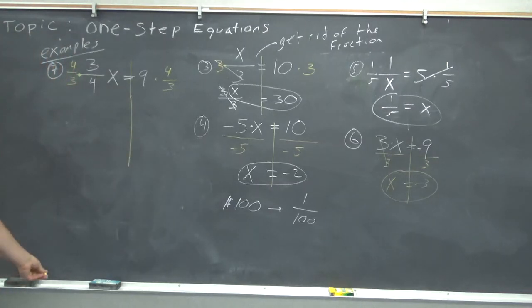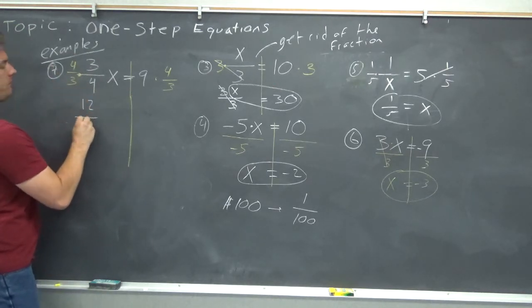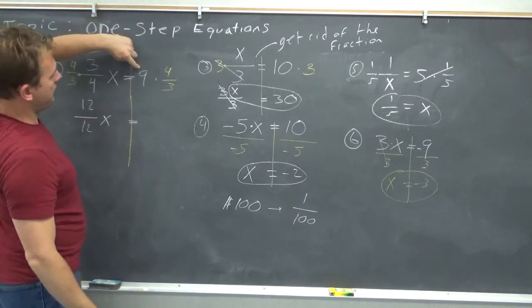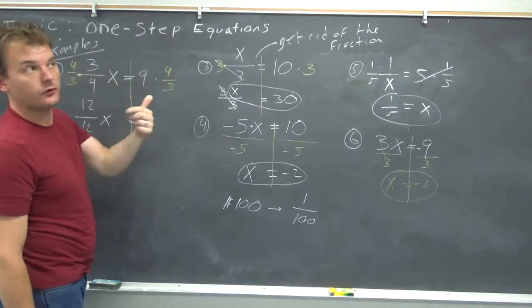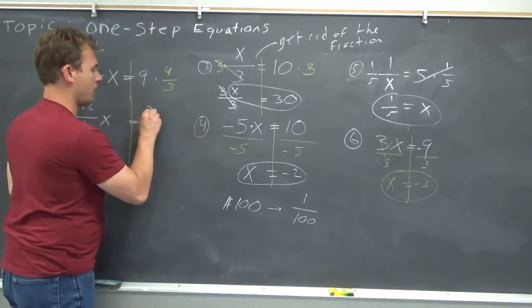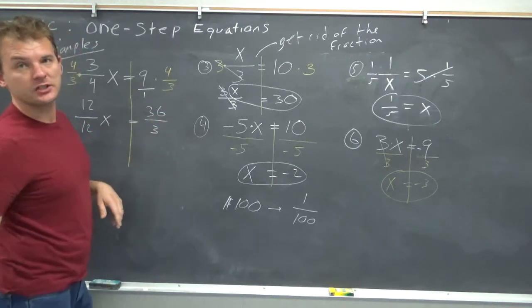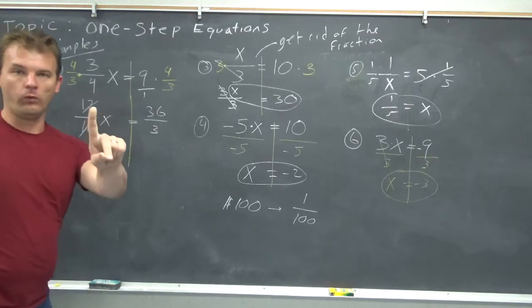Okay. So 4 times 3, 3 times 4. X equals 9 times 4. 9 times 4 is going to be 36. 1 times 3. Remember your fractions. Well, 12 divided by 12 is 1.